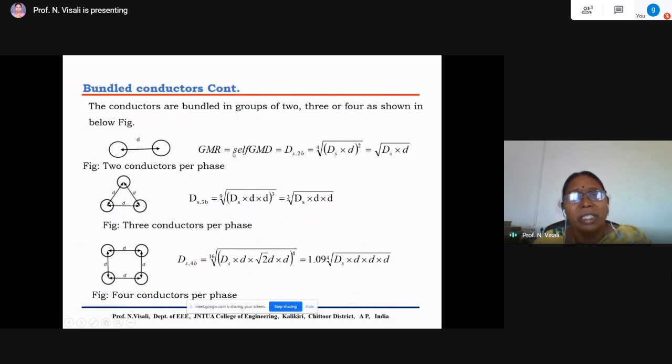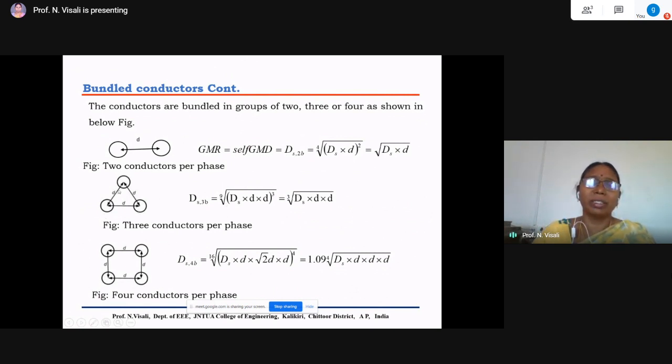It's a mean radius, geometrical mean radius we can calculate. That geometrical mean radius will be like this. We can say that it is the distance between each conductor and the diameter of this conductor, and the distance between this conductor will be taken like this. So we can get this, and similarly this, the diameter of it and distance between the conductors.